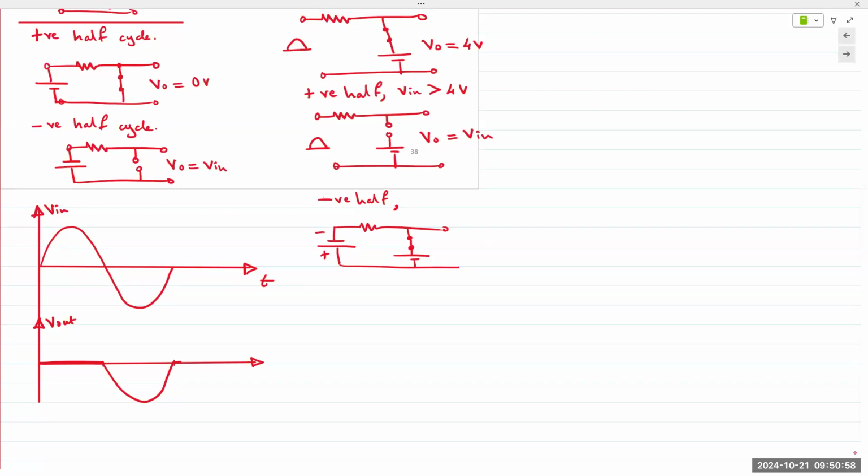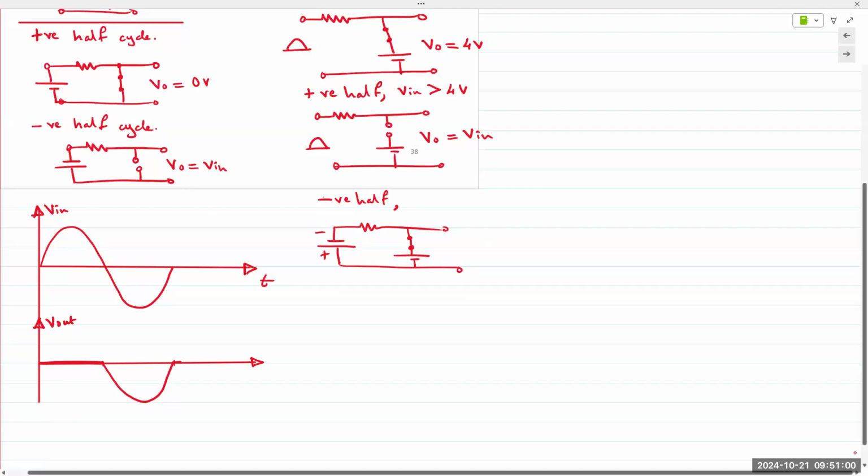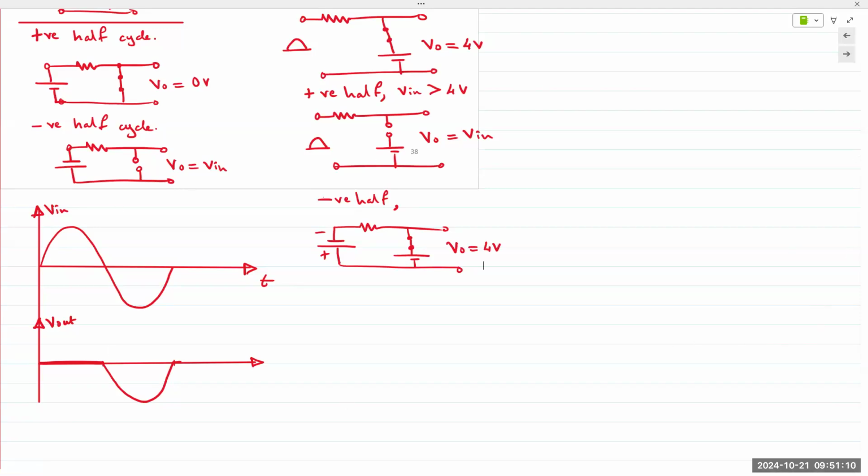The value does not matter. Right? V out will always equal 4 volts. Make sense? Right? I'll draw the waveform.